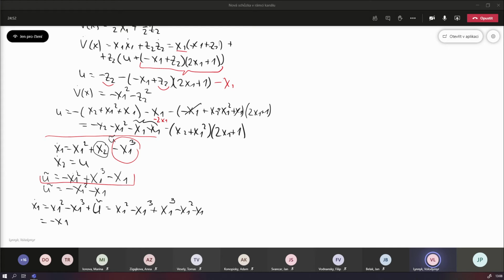For example, here it's minus x1, and we know that this u wave stabilizes, and so on.